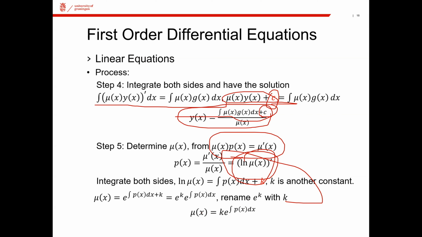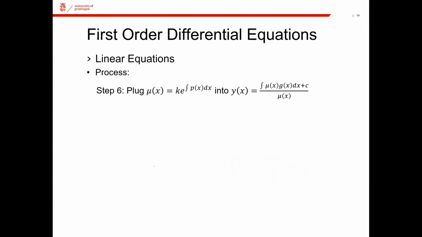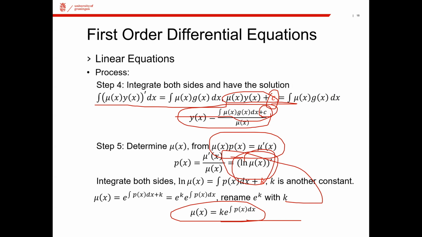Okay, and then we have the solution, or the function of mu x, that is k times e to the power of the integration of p x. And the last step is to plug the mu x into the y. That is from the fourth step. This one is from the fourth step, from here.